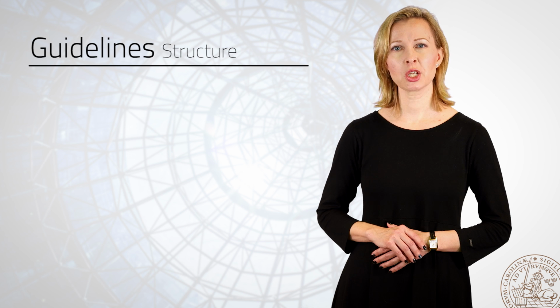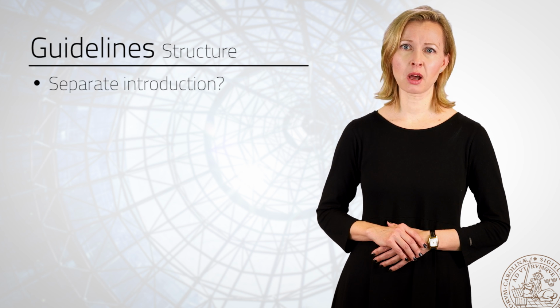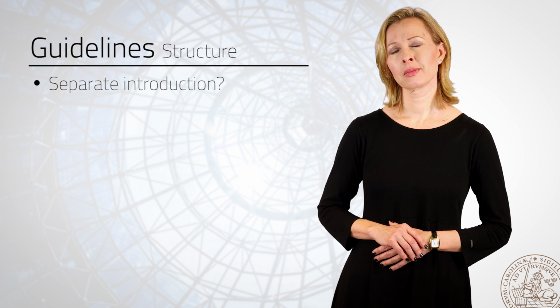Another thing that essay guidelines often provide information about is the expected structure of your text. Will you need a separate introduction, for example, and what will you need to do in the rest of the essay?